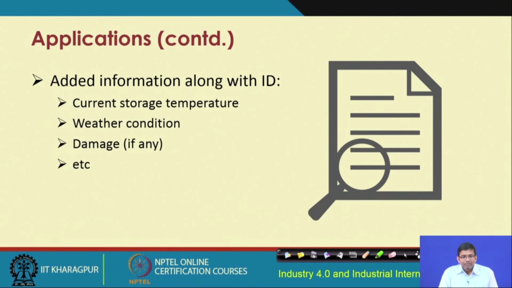There are other applications such as weather condition monitoring, damage assessment, storage temperature monitoring and control. These are also different applications of use of IIoT in inventory management and control.